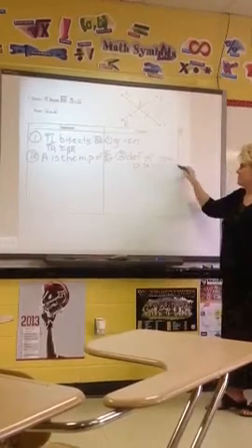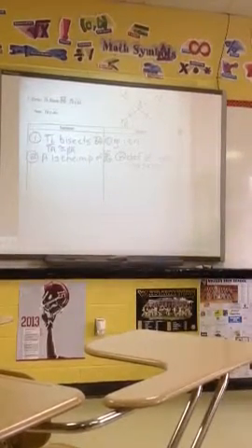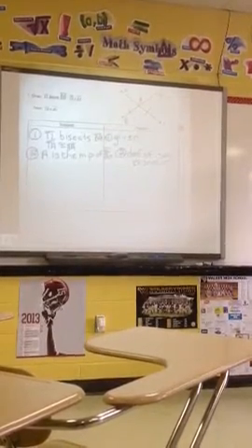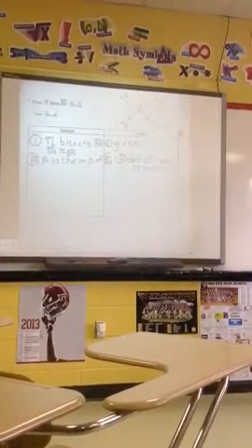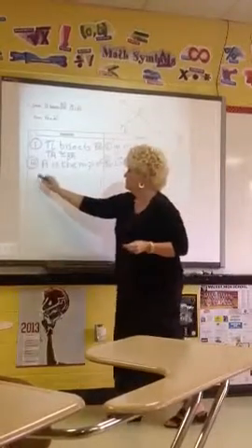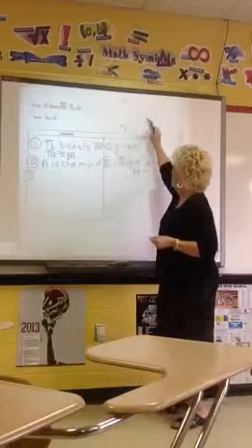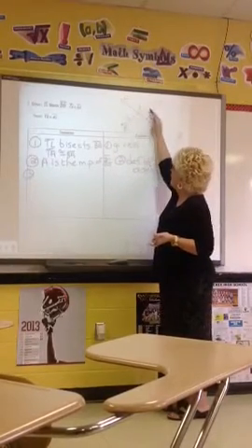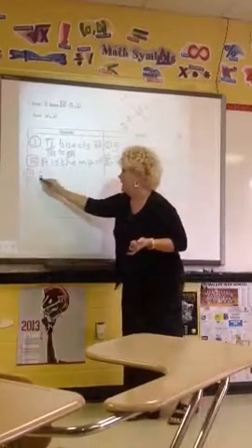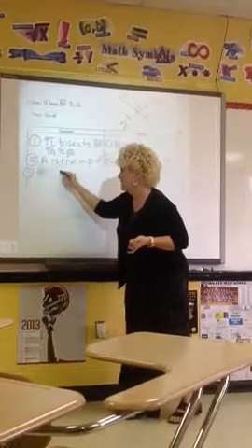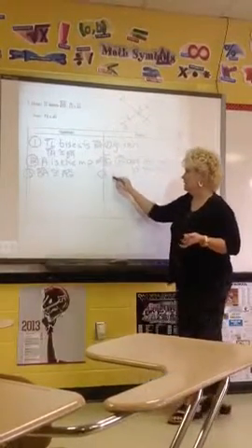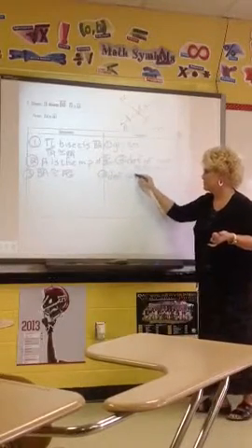And if A is the midpoint of segment BG, then what do I know from that? BA and AG are congruent. And that is the definition of the midpoint.